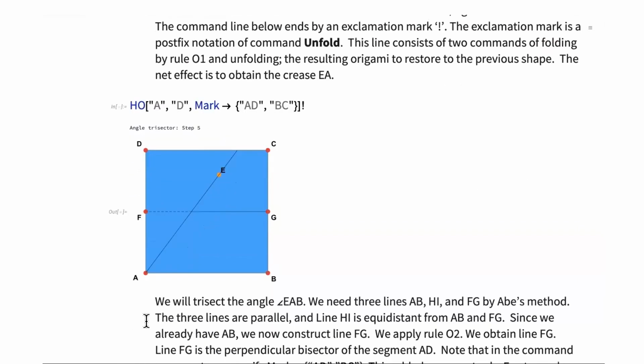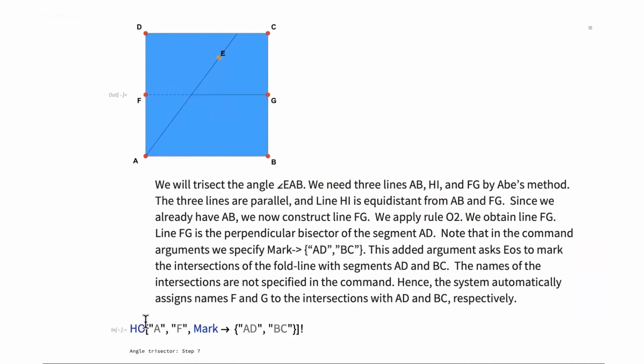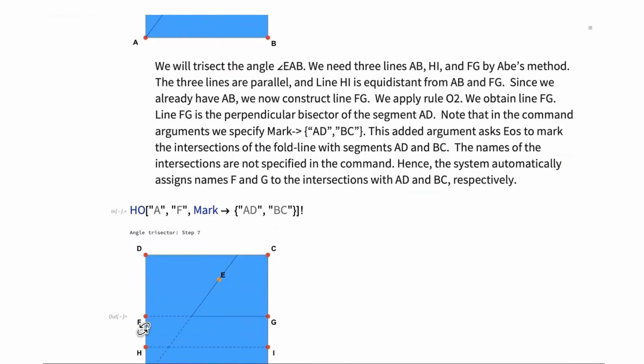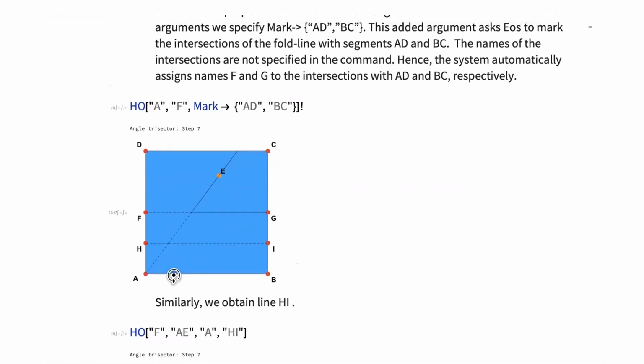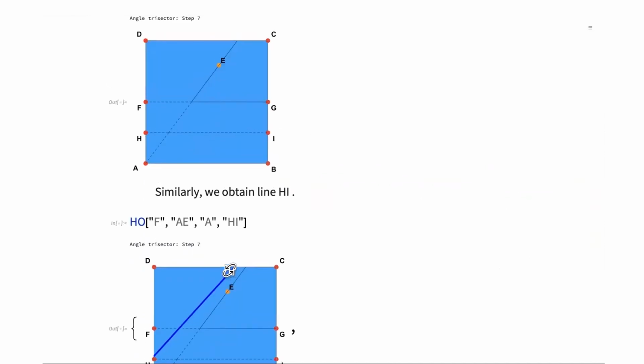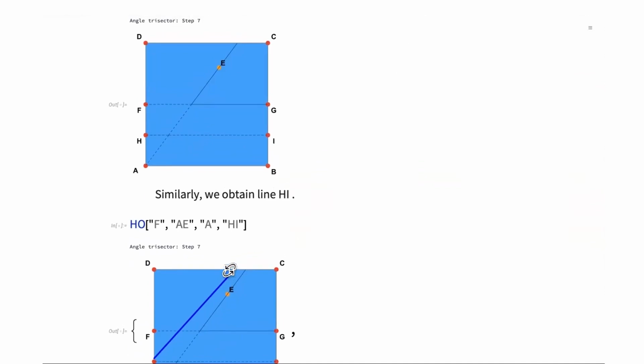It is very easy because our O2 rule simply says that if you bring A to D, and bring it back, the exclamation mark is a postfix operator for unfolding. And similarly, you get this HI by bringing A to F. And we are almost done trisecting this angle.